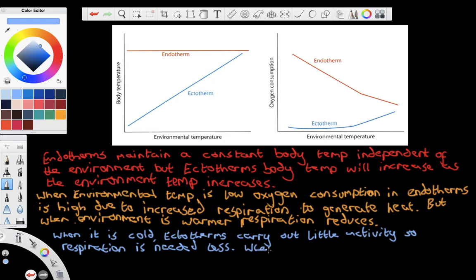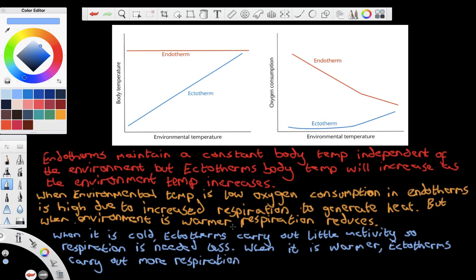So when it is warmer, ectotherms carry out more respiration, as they do more activity.